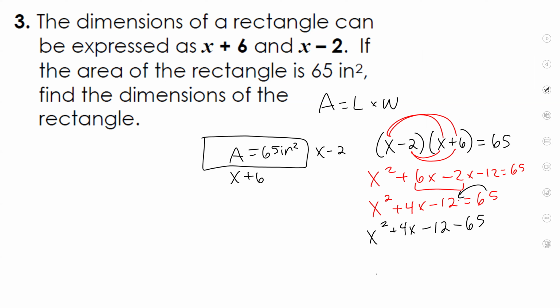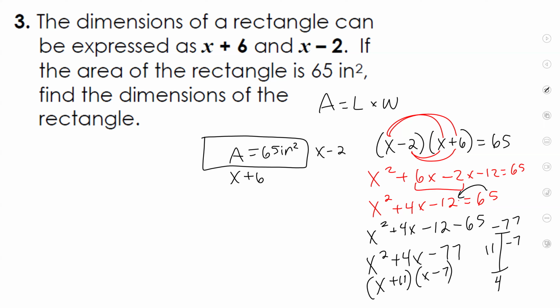So this simplifies to x squared plus 4x minus 77. So we're going to do an eye chart. Two numbers that multiply to negative 77 but add to 4 are 11 and negative 7. So those are your factors, x plus 11 and x minus 7.